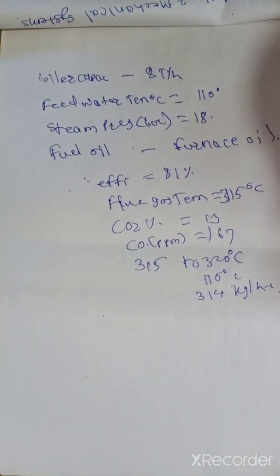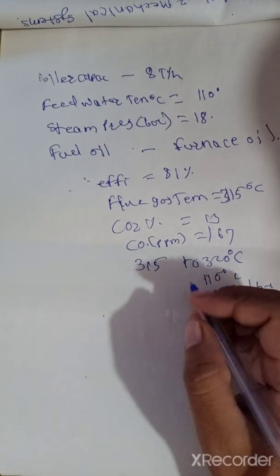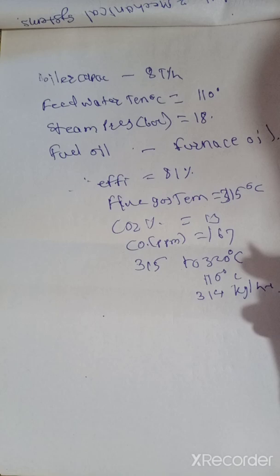Then the conclusion: by recovering waste heat through installation of an economizer, the paper mill was able to save 13 kg per hour of furnace oil, which amounts to about 1,11,800 kg of furnace oil per annum. The economizer conserves fuel.